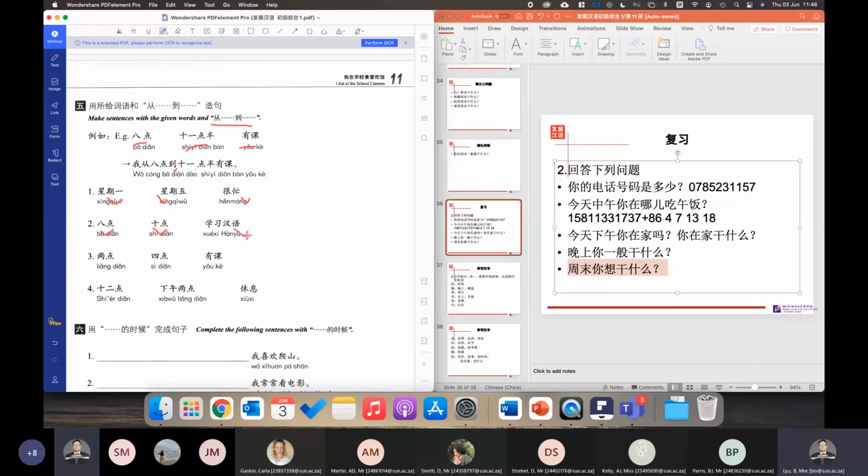8, 10, study Chinese. 我从8点到10点学习汉语。 Very good. 2, 4, class.